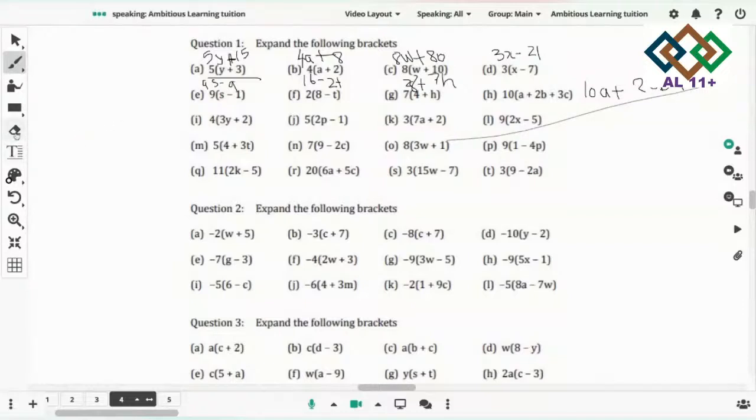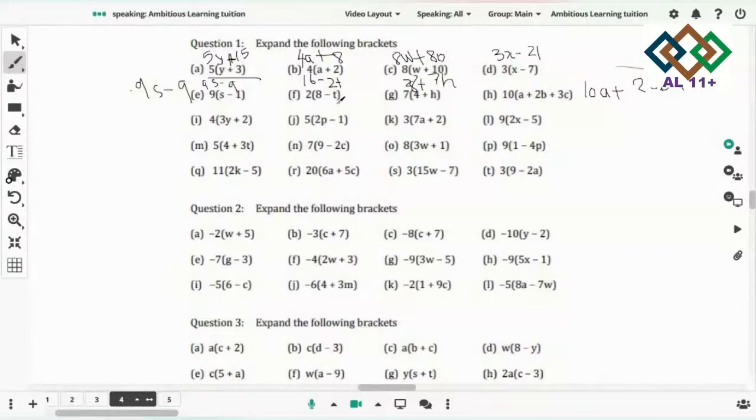Oh, what did I do? My 30c is gone. It doesn't let me write C. I don't know why. It hates me writing C. Then you have 9s minus 1. The answer for that one would be 9s minus 9. 2, 8 minus 10.